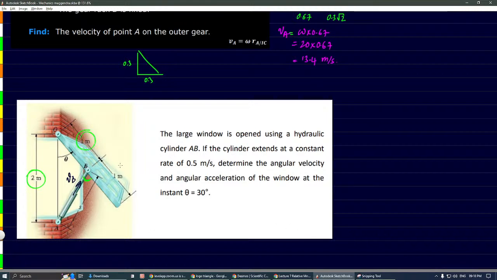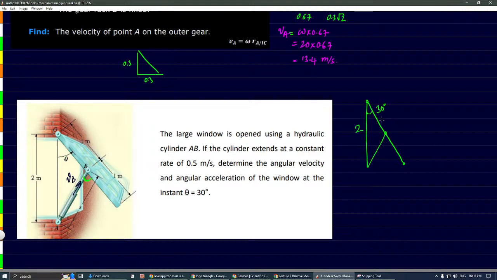2 meter, 1 meter, 1 meter. Yes, length is given. Theta is given as 30 degrees, no? This angle is 30 degrees.